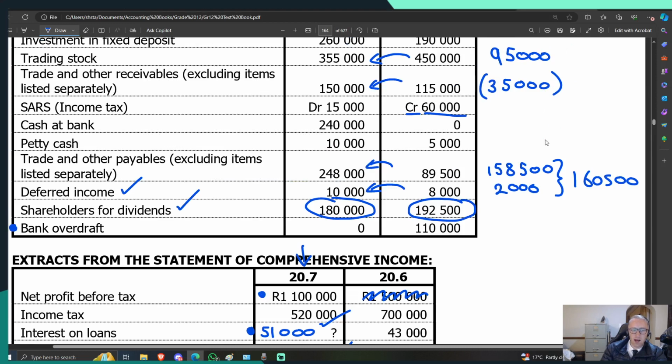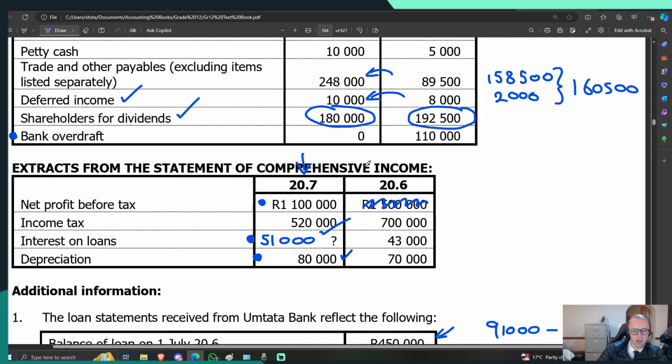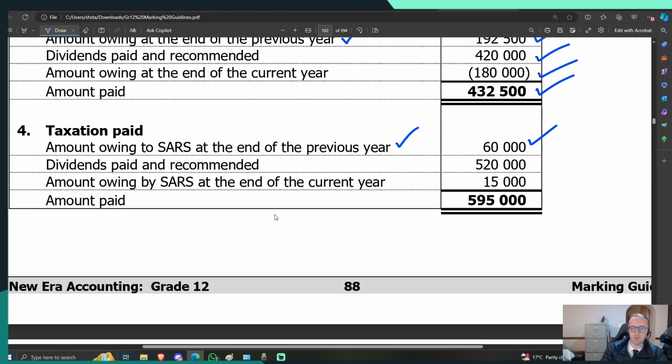Then, how much tax did we calculate was for this year in total? Well, we'd have to go here to our income statement. Net profit before tax, income tax. This is the one. 520,000 rand. So let's put that here. Oh, they've got dividends paid and recommended.